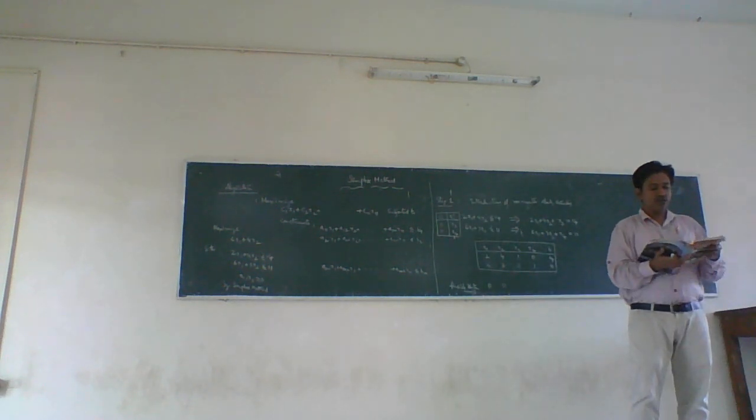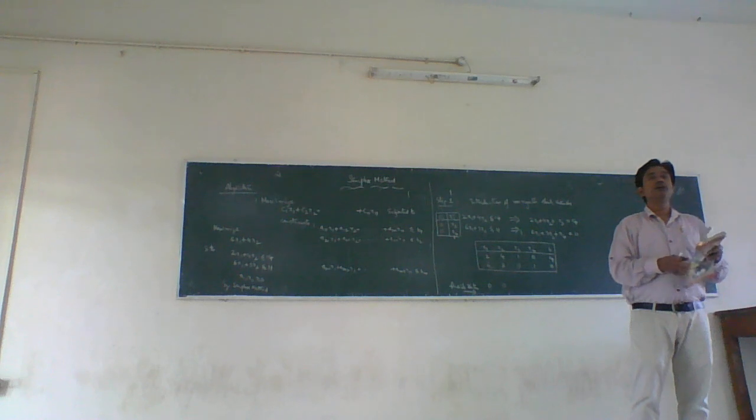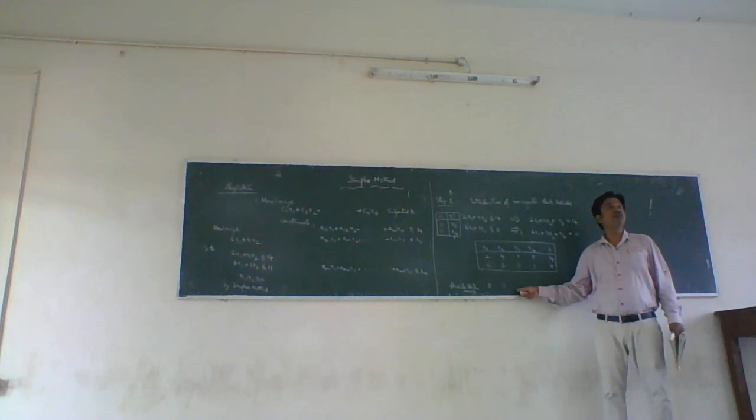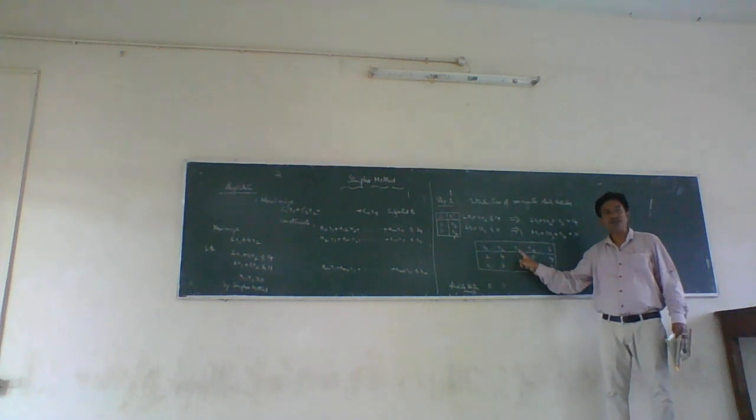Now how to write the solution? In the next line he is saying the solution is the value of b at the row where the single entry appears. For this column, where is the single entry?